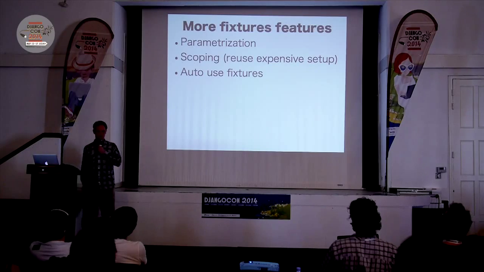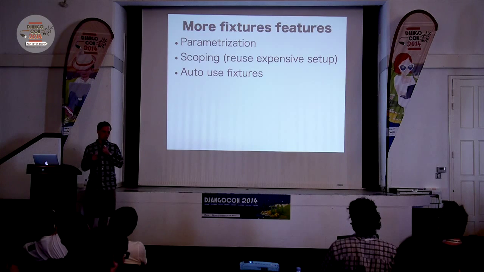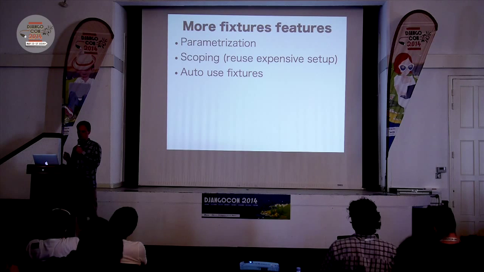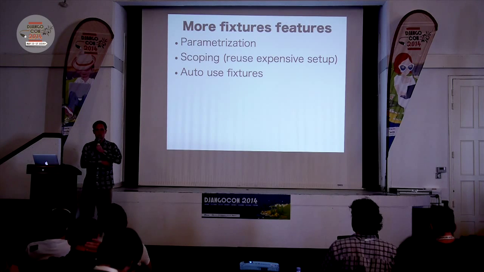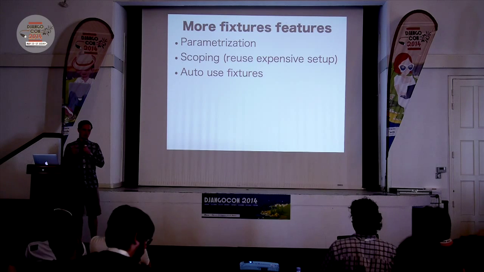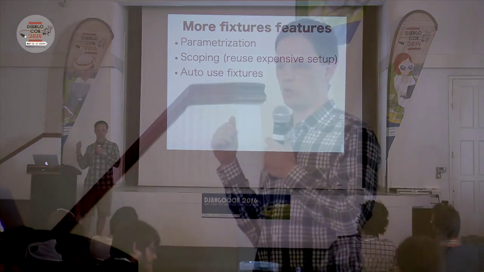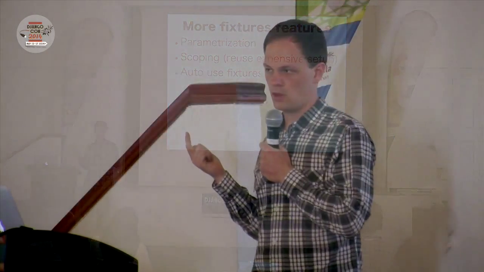So I just want to mention a couple of other very nice features that Pytest fixtures have. One is parameterization. So we can say that, for instance, for the Webdriver fixture, maybe we want to run the tests in both Firefox and Chrome. So what we can do is parameterize the fixture itself to say, hey, any time a test asks for the Webdriver, run this test in Firefox and in Chrome.